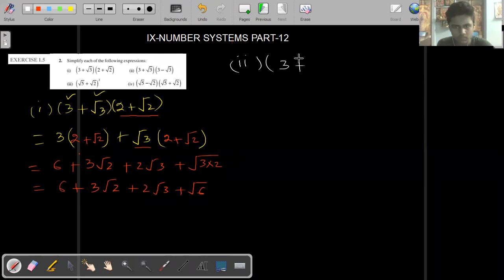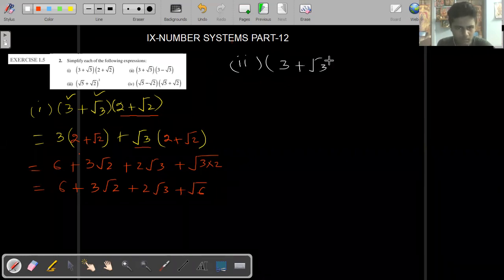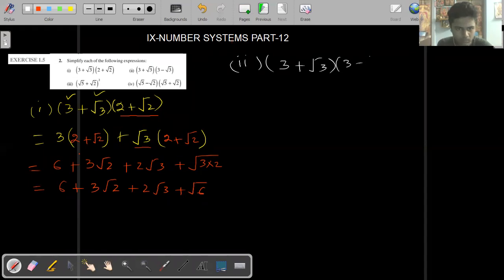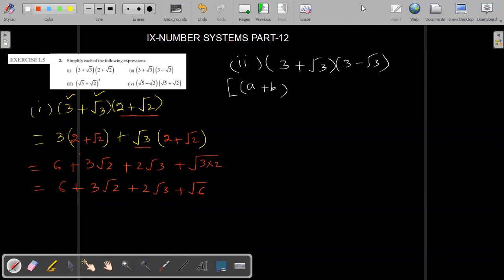Here, 3 plus root 3 multiplied with 3 minus root 3. Here we can use the formula a plus b into a minus b is equal to a square minus b square.